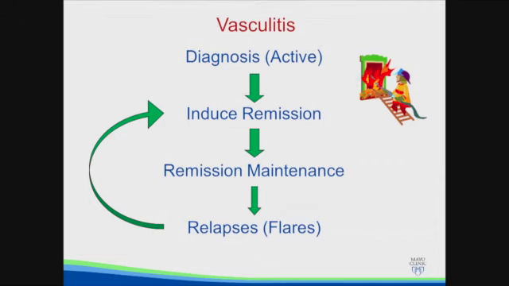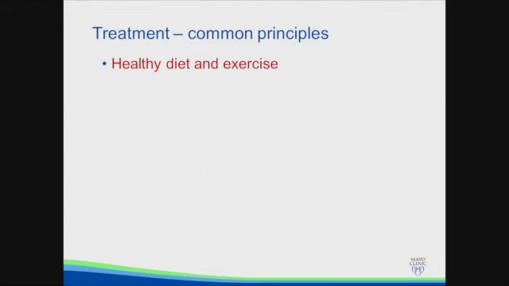In giant cell arteritis and large vessel vasculitis, for about 70 years or so, it's really been prednisone, prednisone, prednisone, and more prednisone, which, of course, has its downsides, and we'll talk more about that. There are some common principles that we try to encourage when we're dealing with treatment of vasculitis.